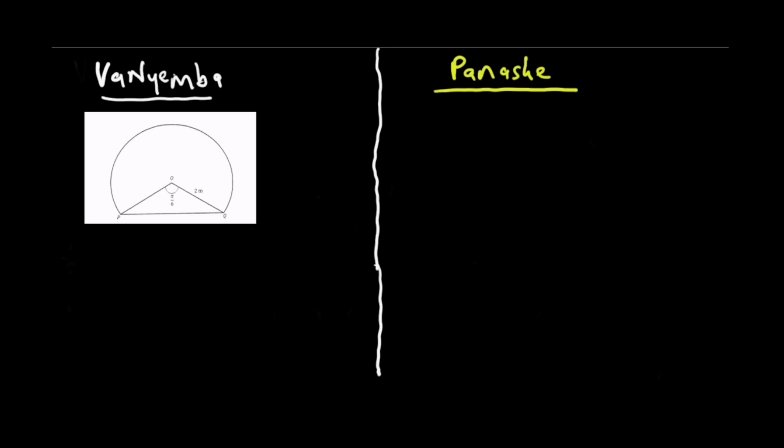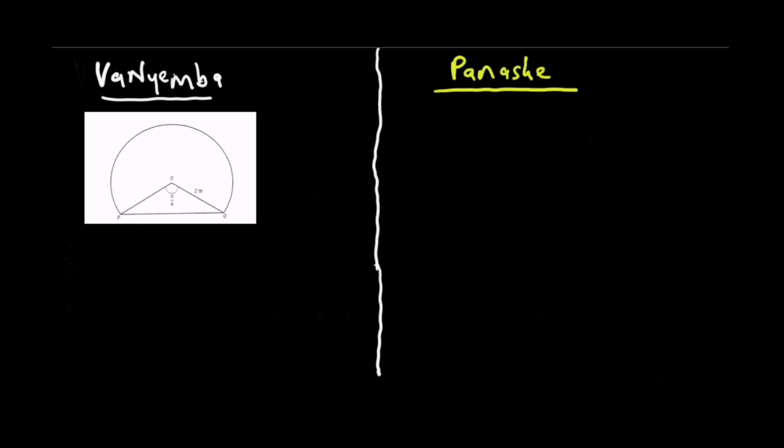Remember, the question wants us to find the perimeter of the cross section. So by principle, starting from Q here, we go through this straight line, then we go through this major segment.